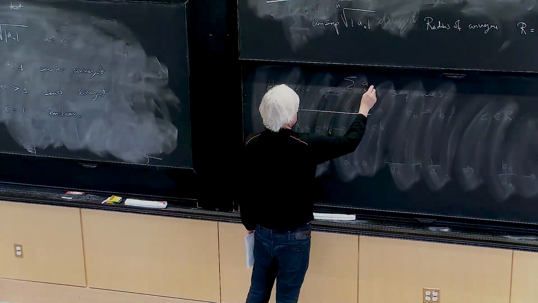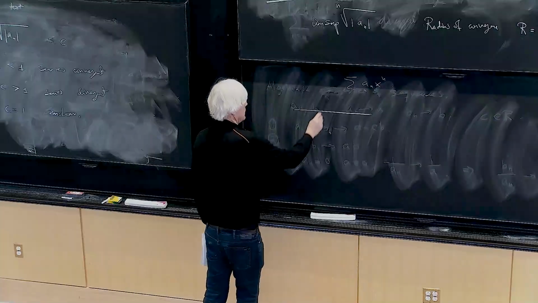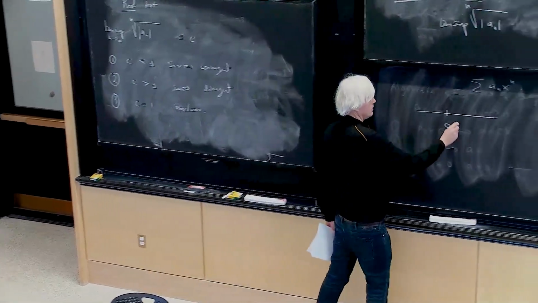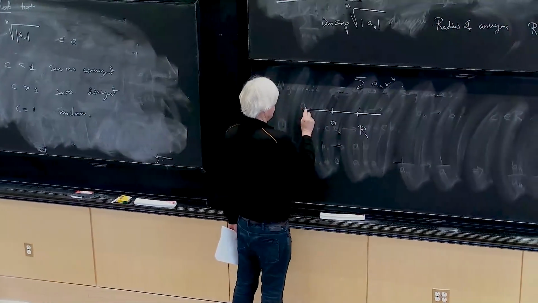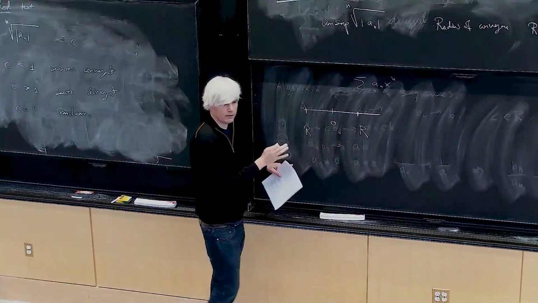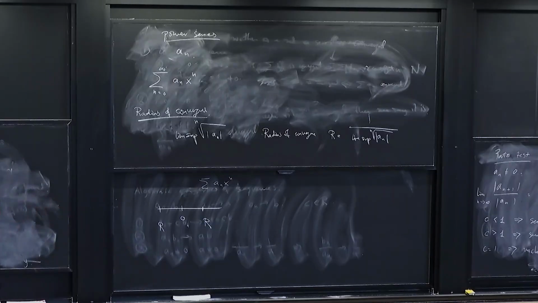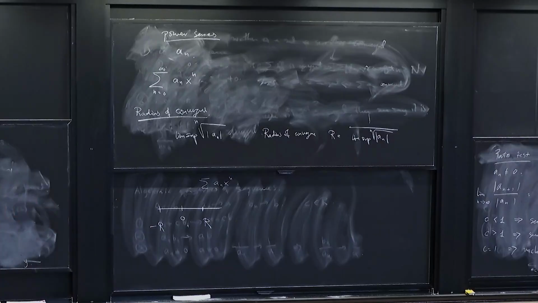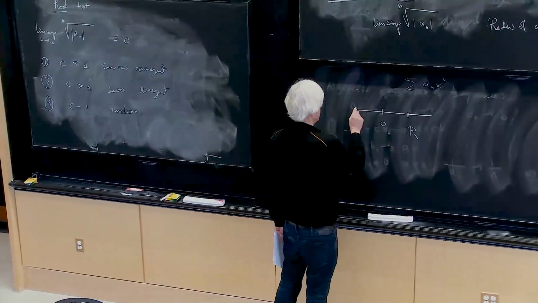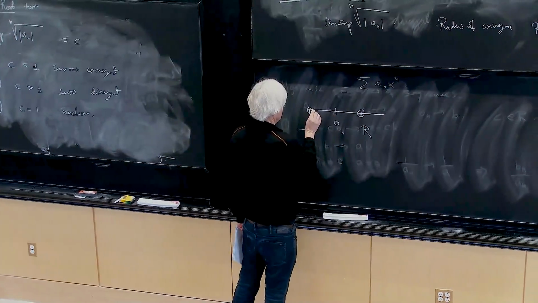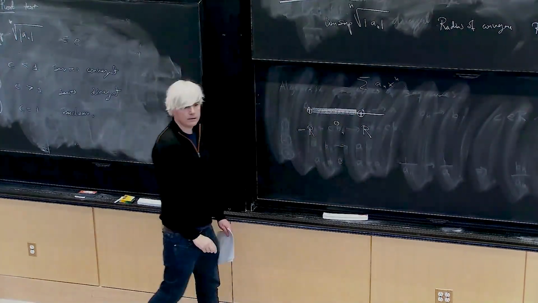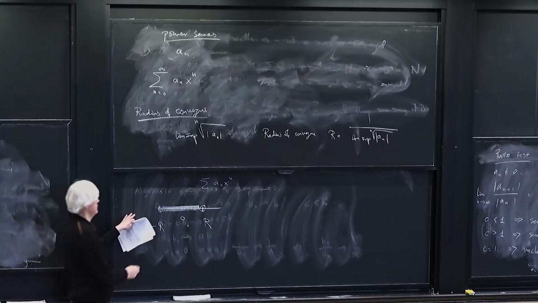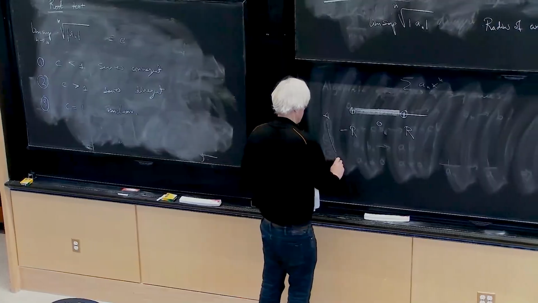if you have any power series like this, centered at 0, and if this here is R, and again, R could be 0 or it could be infinity, then for x in between minus R and R, not including the endpoints, the power series is convergent, and outside here it's divergent.